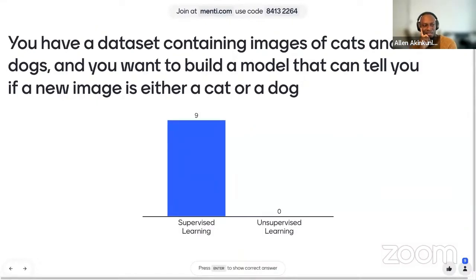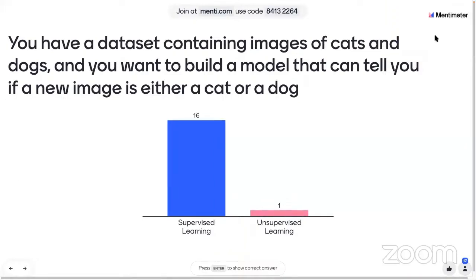I like that Camille, I'm sorry if I did not pronounce your name properly, said unsupervised learning. Because most people put supervised learning, they may be wrong, by the way. Do you mind telling us why you think it's unsupervised?